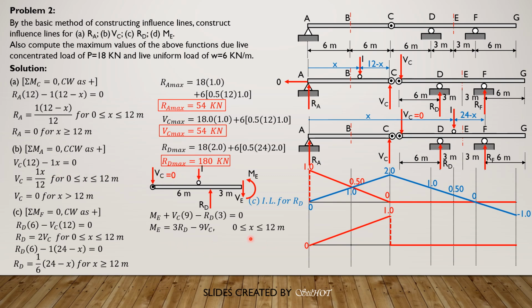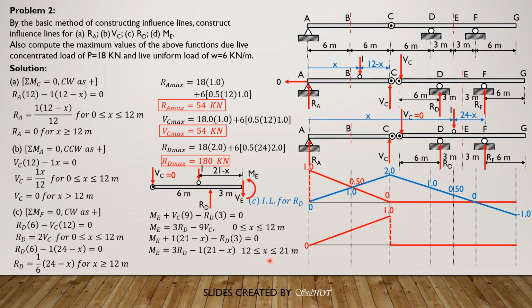Then for greater than 12 up to 21, the unit load will be here and V sub C is 0. So the unit load will be positioned there. Its distance from A is x. Therefore its distance from E, because E is 21 meters from the left, is 21 minus x. So the equation would become summation moment about E, ME plus 1 times 21 minus x minus RD times 3 equals 0. So ME would be 3RD minus 1 times 21 minus x.